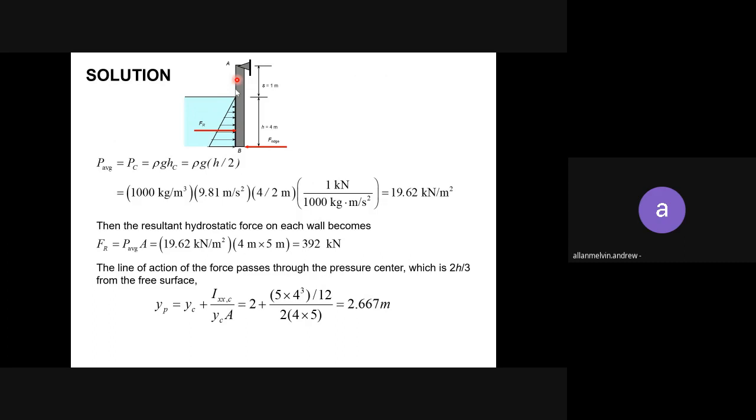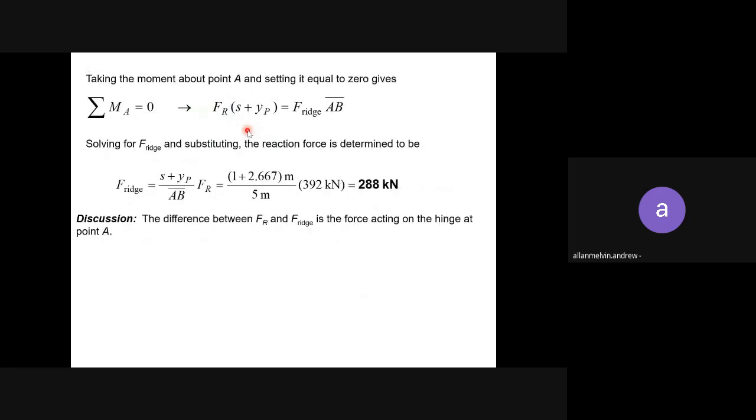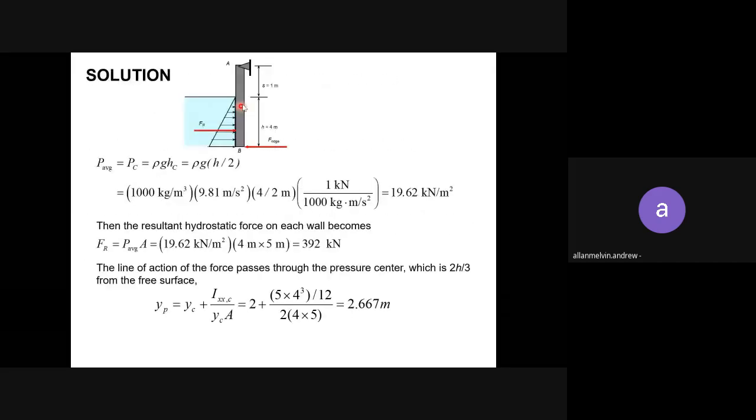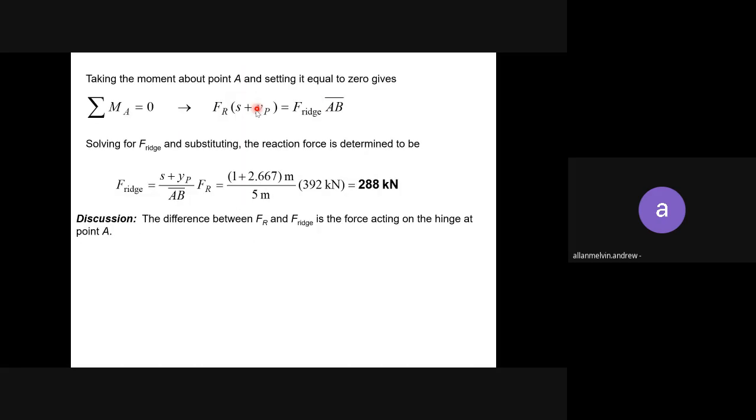You need to take into consideration S plus Yp, because from the surface to this point is Yp. From A to the free surface is 1 meter, S. So FR times S plus Yp.